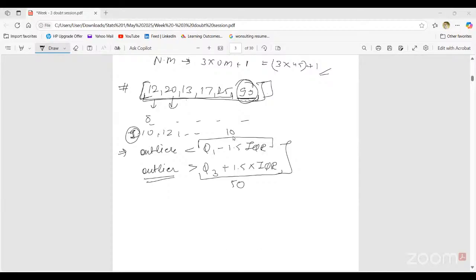I think that's clear. Avinash, is your question 6 clear? Just type yes or no. Yes? Okay. And Rahul, what is the change in the mode of the marks?